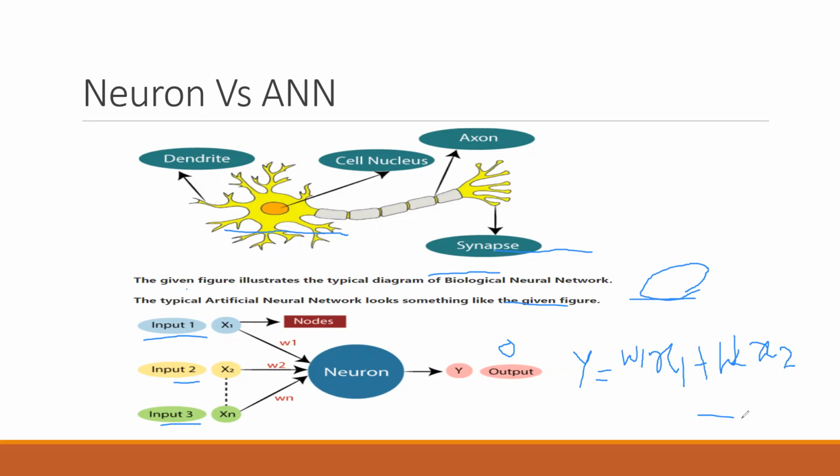This is how the value of y is calculated. On the basis of this, we can see which neuron has to be activated, which we'll study further in unit 2, the artificial neural network. There we'll study the mathematical terms related to the neuron.